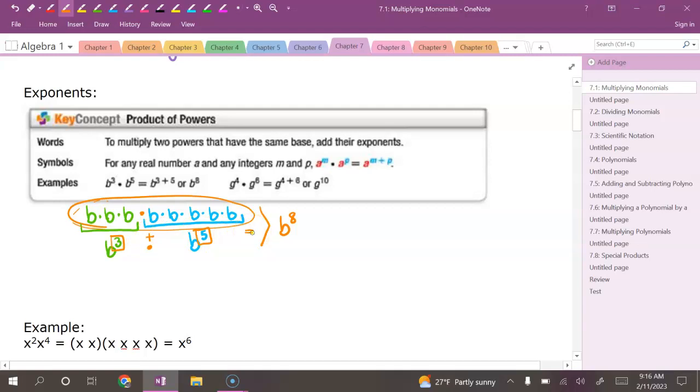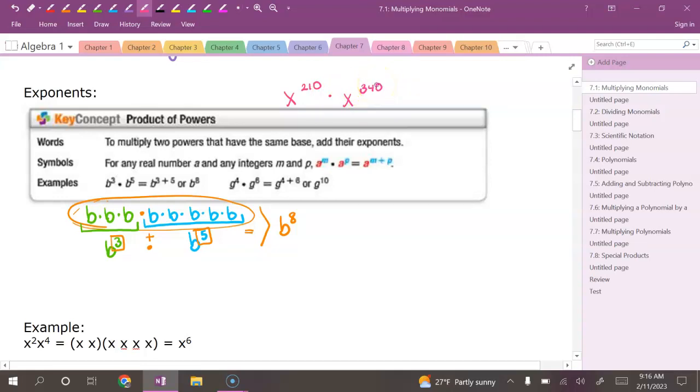But what that really means is that you're taking those monomials and you're spreading them apart by expanding them. And then you can think about counting them all up. But this shortcut is useful because imagine if I had something like x to the 210th power times x to the 340th power.